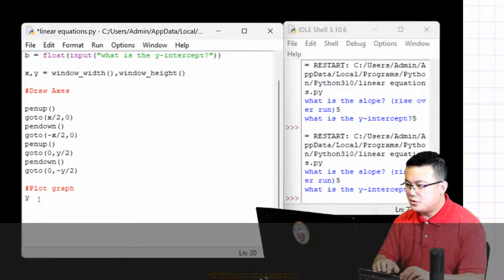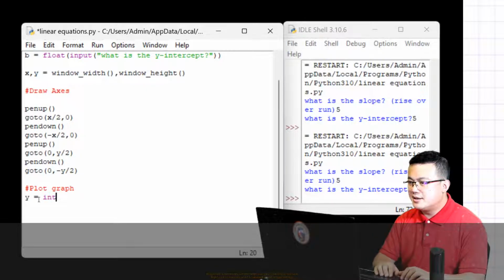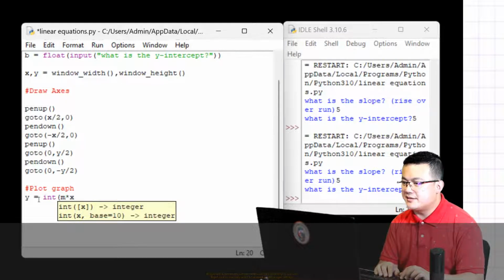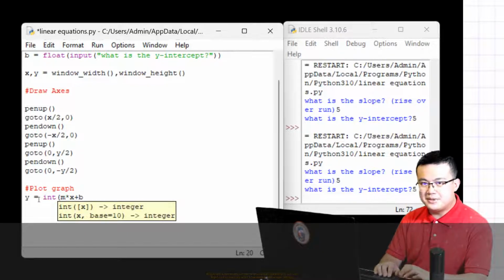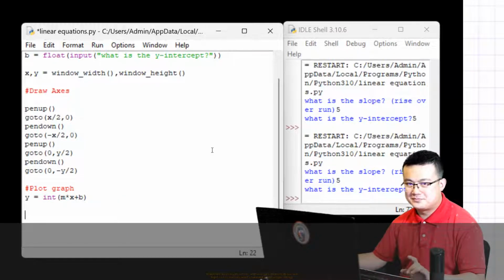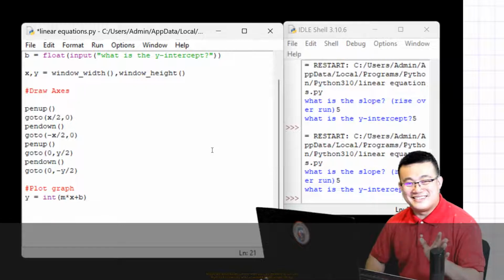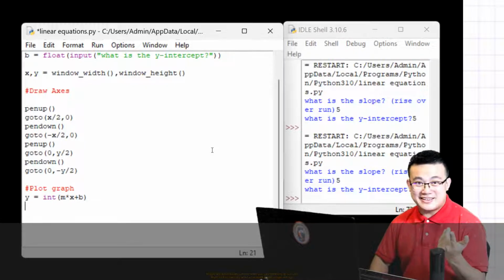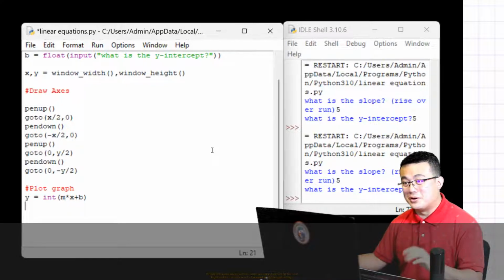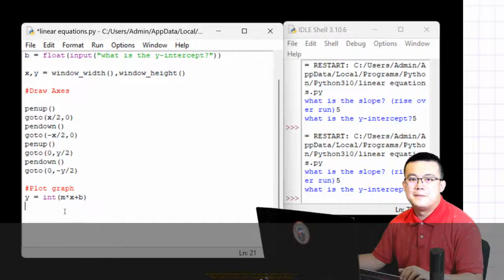So here, y equals int m times x plus b. Super easy, right? The great thing is if you are doing quadratics or logarithms or anything like that, you can draw curves as well using this method.